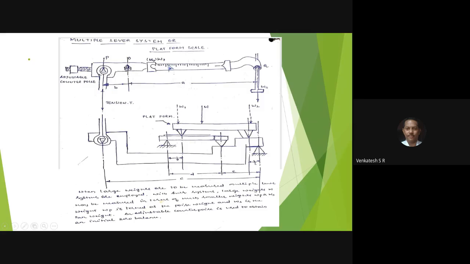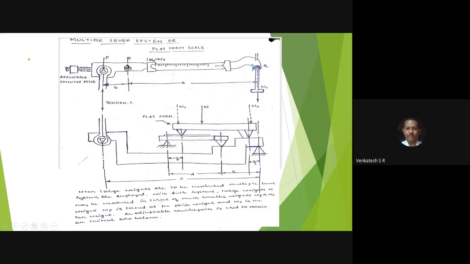Remember, before doing anything on using the platform scale, by adjusting the counterpoise, the ring, the rod which has the threads on that, you have a nut. By turning the nut clockwise or anti-clockwise, bring the beam to read 0.